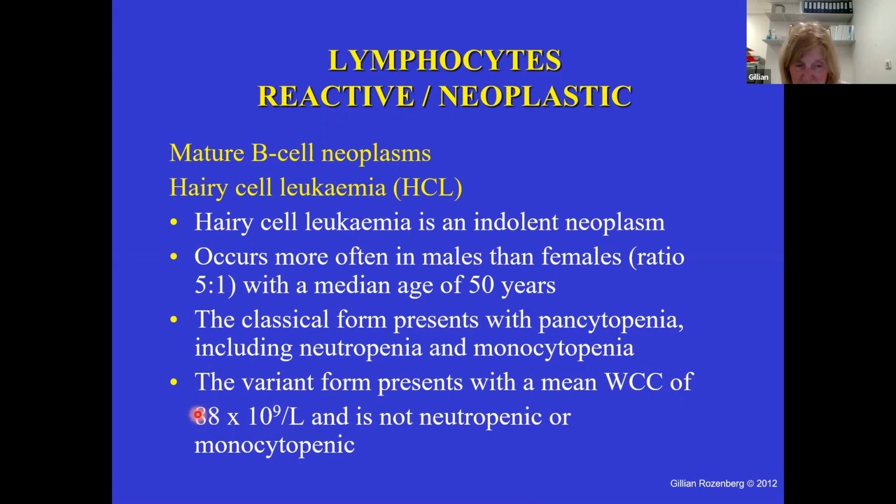The latest 2 WHO books talk about 30 to 35 by 10 to the 9th per liter. Some of these workshops have been going for a number of years, and this was one from an earlier version of the WHO. If you look up the WHO now, I think the second last one said 35 hairy cells by 10 to the 9th per liter, and the most recent one says 30.